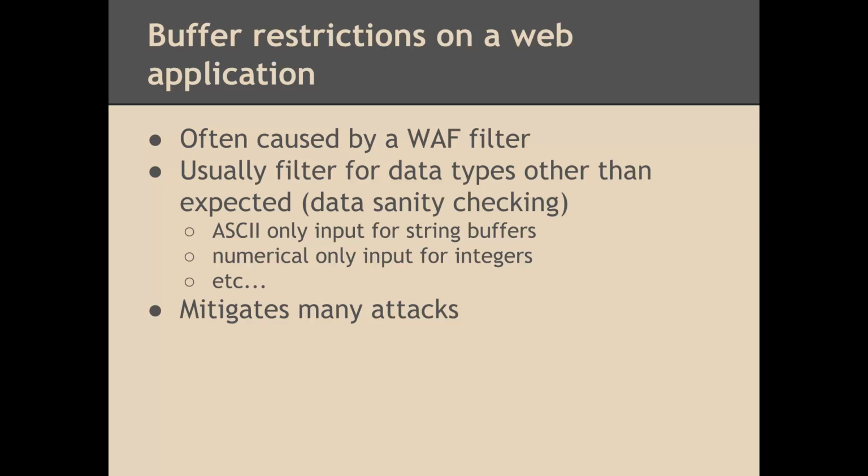For instance, a form will usually have some text fields and some number fields, and when configured properly, or perhaps it just learns this automatically, it will filter out all non-ASCII input for string fields and filter out input that doesn't seem like valid numerical input for number fields, and so on. And this style of filtering actually mitigates many attacks.